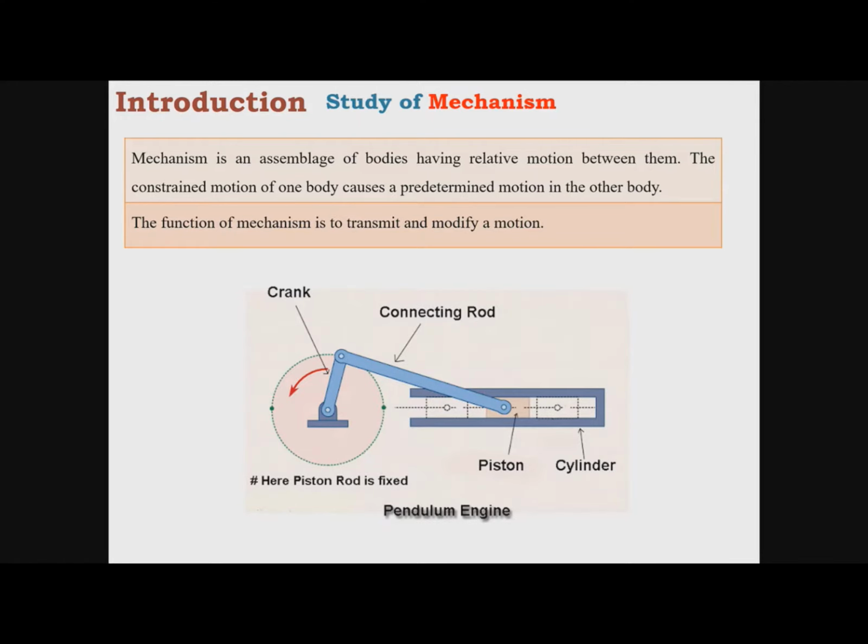An example is shown where we have different bodies like the crank, connecting rod, piston and cylinder. These bodies are connected together. The rotary motion of the crank is transmitted and modified into reciprocatory motion of the piston.